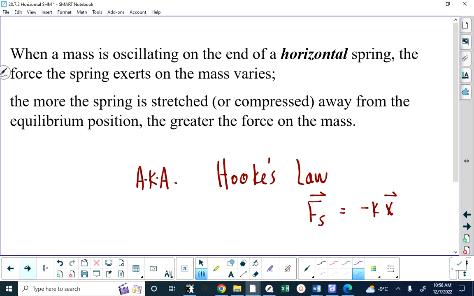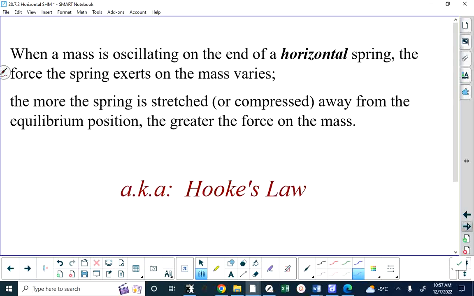So x is how far away the mass is from the equilibrium position. It's called the displacement. If it's stretched more, then negative k times x will give you a larger amount of force acting on the mass. Could have saved myself a little bit of writing there. This is what's known as Hooke's law.